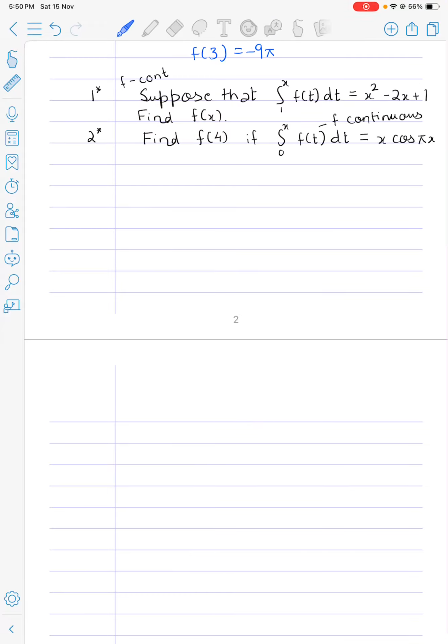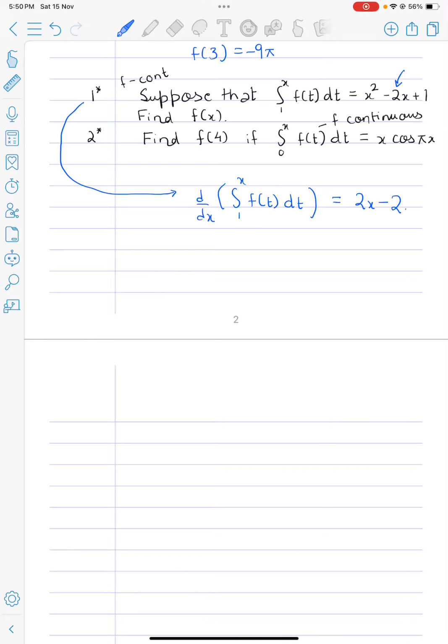What do we do? Again, since f is given to be continuous, we can use the fundamental theorem of calculus. So I will differentiate both sides of it. d/dx of the integral from 1 to x of f(t) dt, and on this side if I differentiate, you will get 2x minus 2.